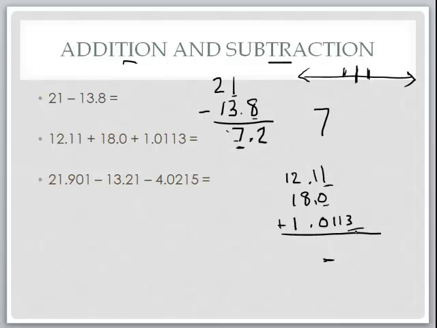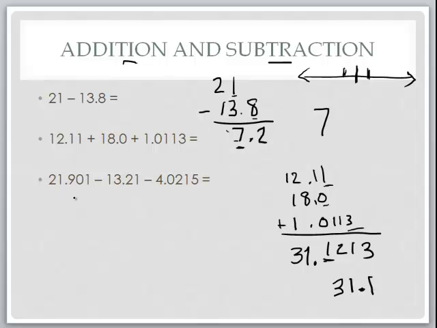Again, remember, I did not count the sig figs, I'm just looking at placement. So 12.11 plus 18 plus 1.0113 is going to give us 31.1213. We're going to round to that place, so our answer is 31.1.